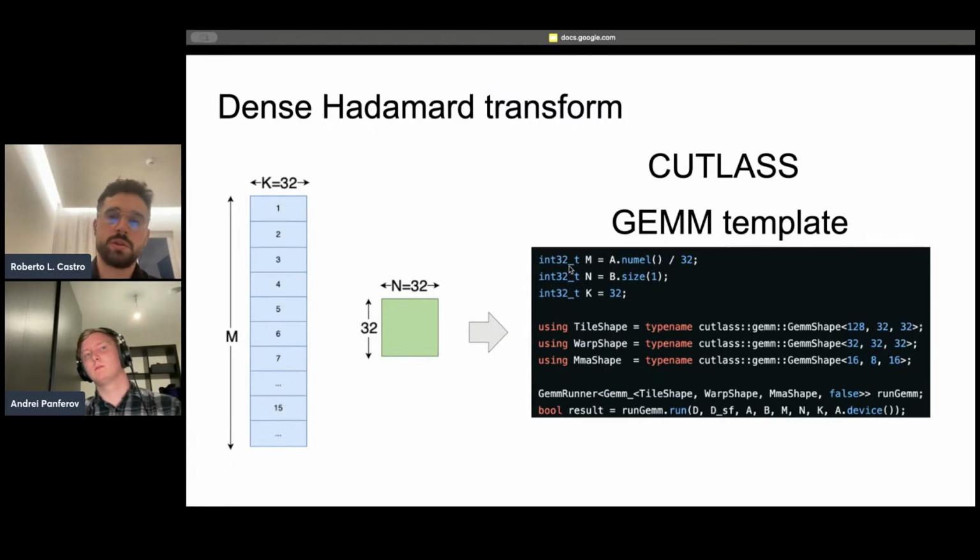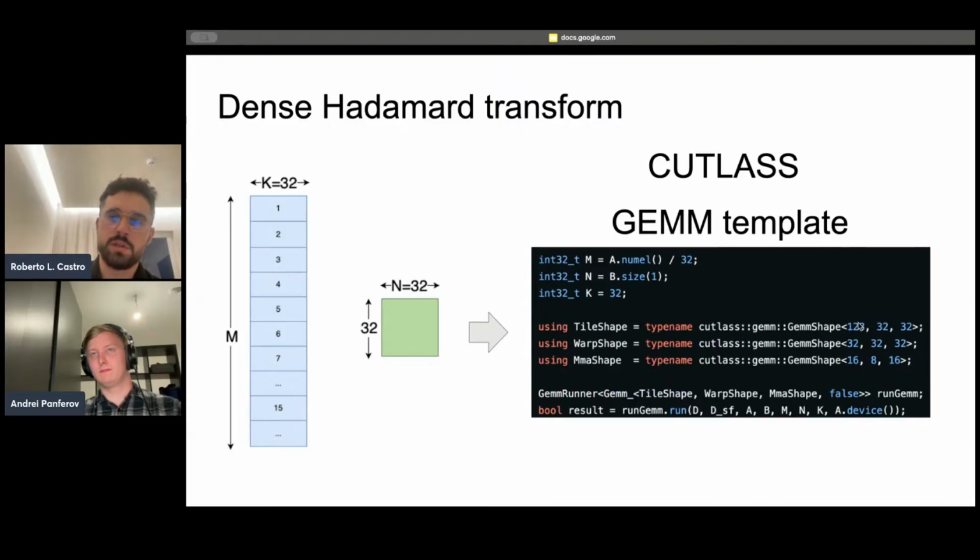And then all the remaining elements are going to represent the outer dimension of this left-hand side input matrix, right? And then we can just define these tile shapes in the following way. In this case, 128 for the M dimension.